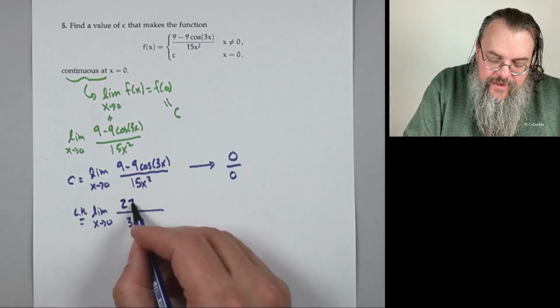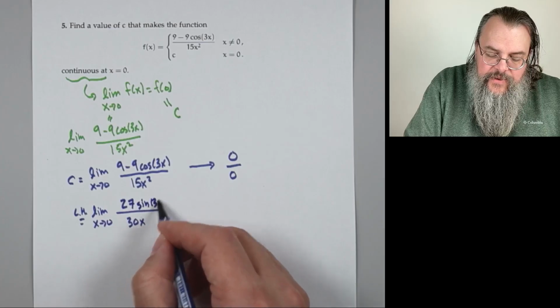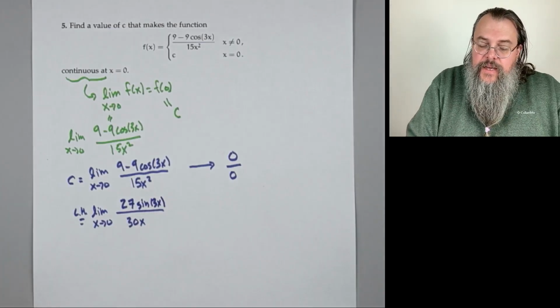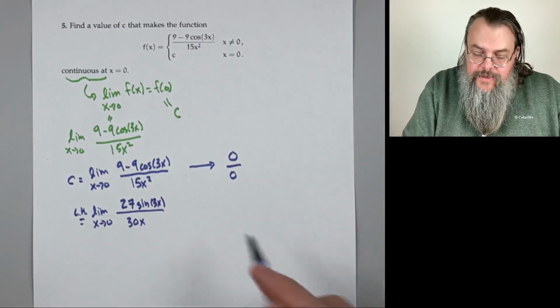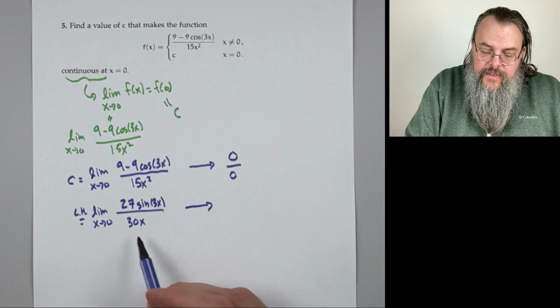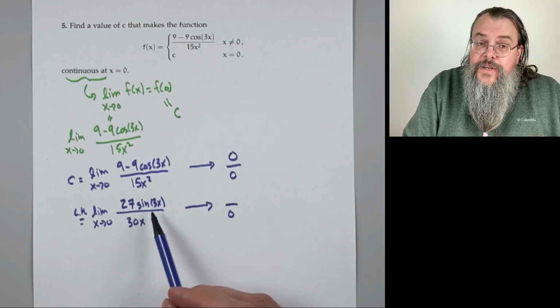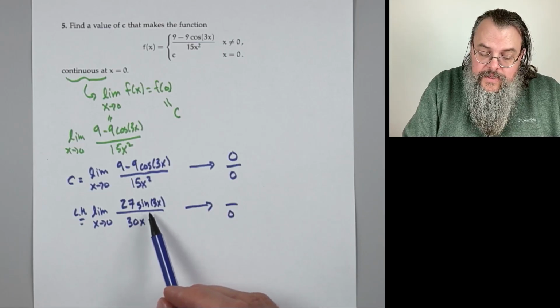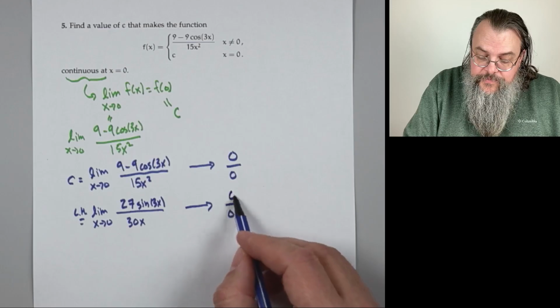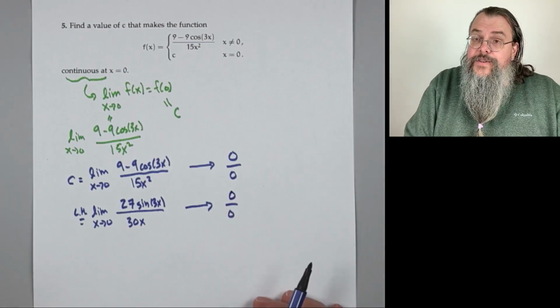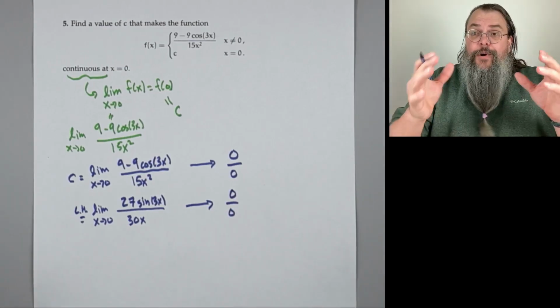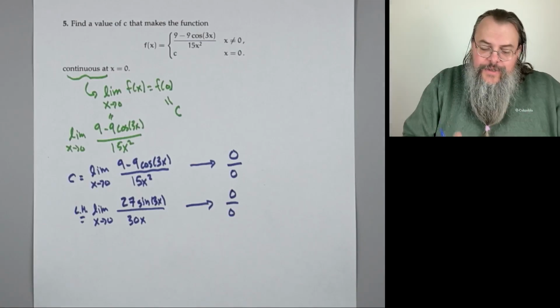Okay, so 27 sine of 3x. And now, again, what's happening at 0? Well, we plug in. We get 0 downstairs still. What do we get upstairs? Well, sine of 0 is 0. Okay, another 0 over 0, which means even more work. That's right. You can do it more than once.